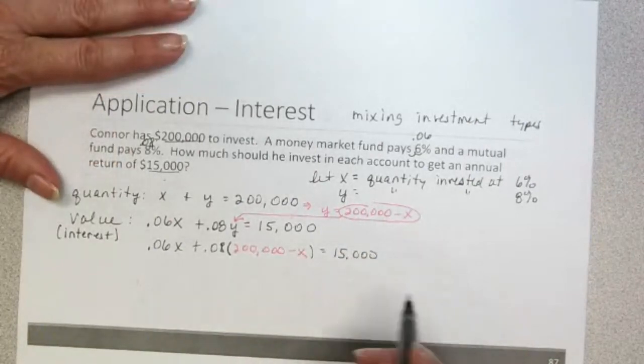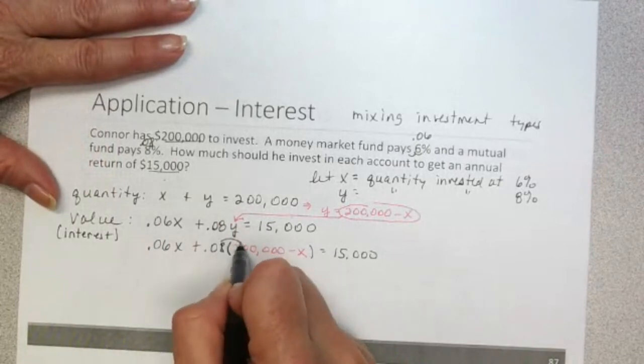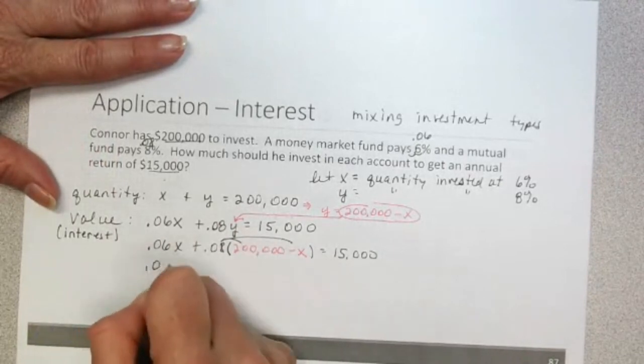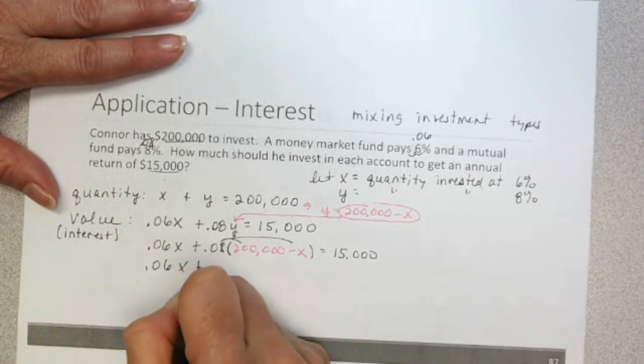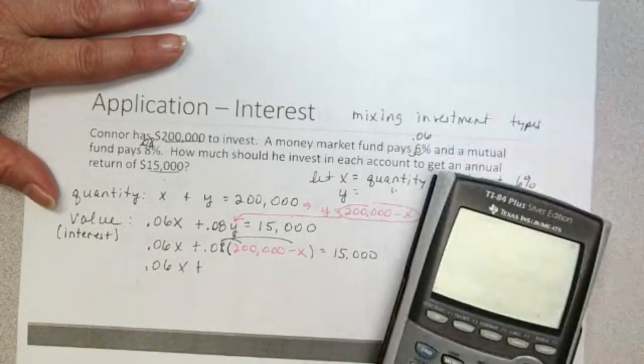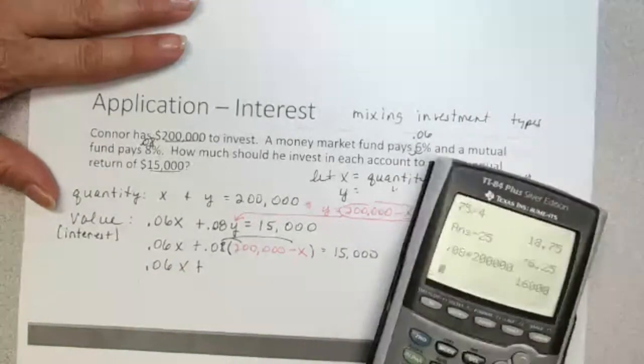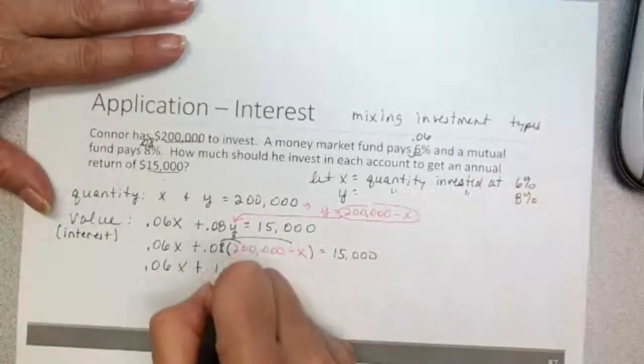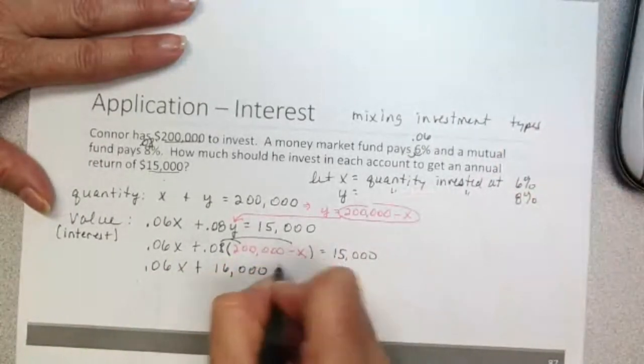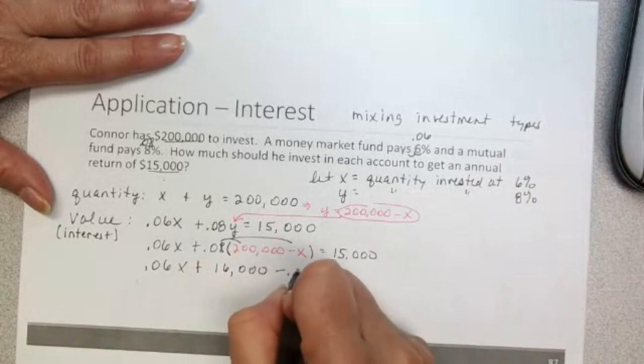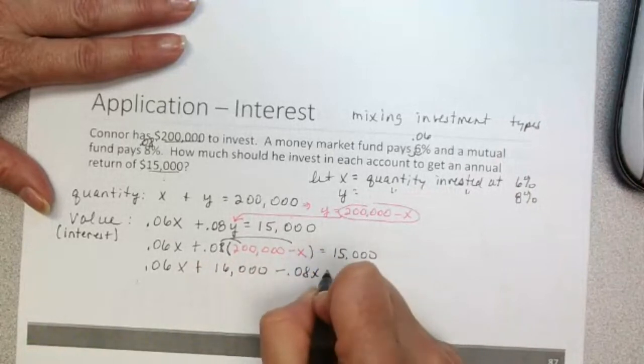Okay, let's simplify and solve for x. So we'll distribute that 0.08. So 0.06x plus 0.08 times 200,000 is 16,000. Minus 0.08x.